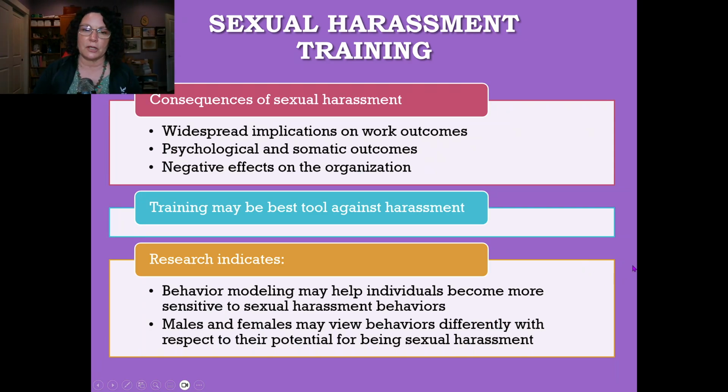There's a lot of research that shows that males and females view behaviors differently with respect to their potential to be sexually harassing behaviors. So this is where I would argue training can be helpful, but it isn't necessarily.